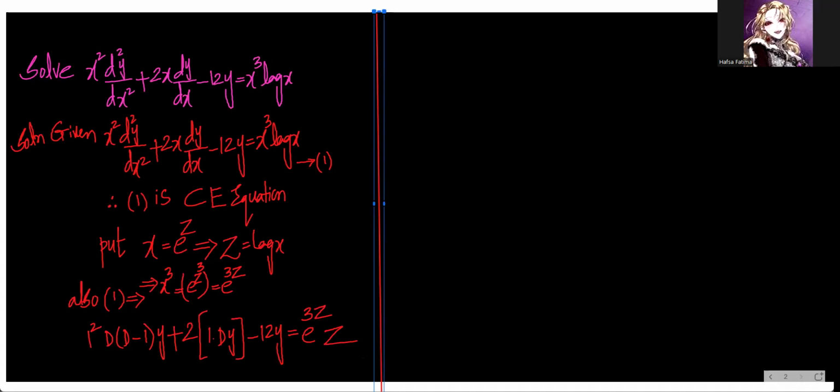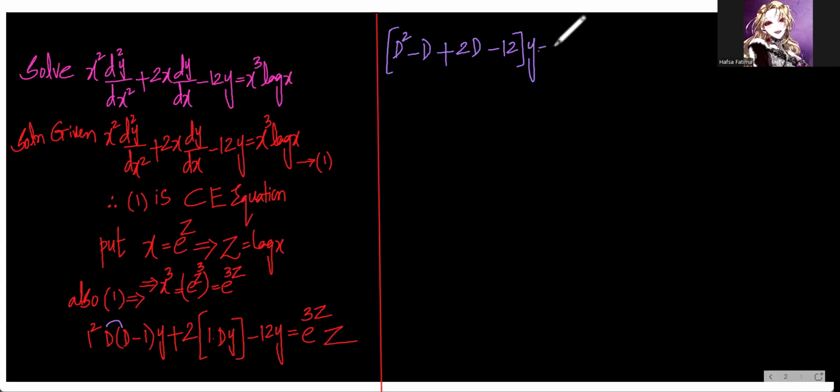So how is it? If you continue this process, now look at that. 1 square is 1 only, no need of writing this. We should multiply these two. We get d into d square minus d. I am taking y common here, plus 2d minus 12, and overall I am taking y common, is equal to x cube into log x.